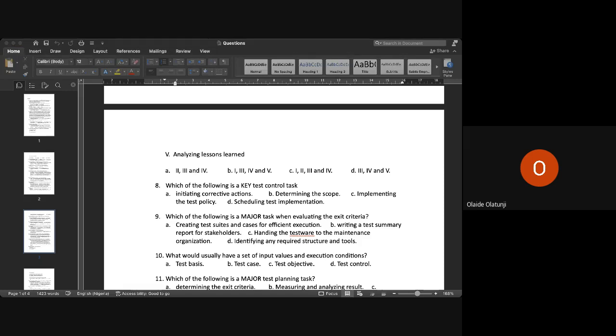If there are any issues in any of the test activities, it will be mentioned, corrected and rectified. I think that's much better. So the test control aspect, that's what it entails.